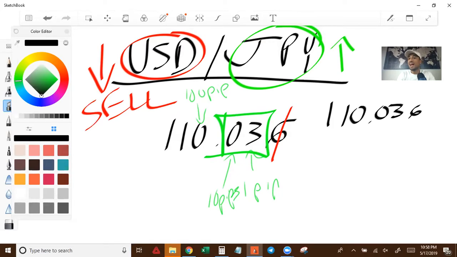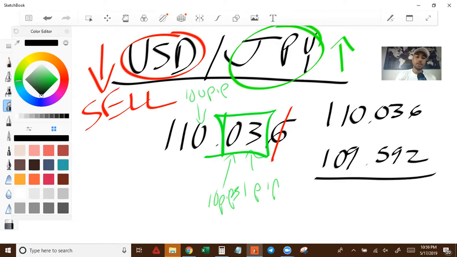Think about 110.03. When we go down, it's going to go from 110.03, 110.02, 110.01, 110.00, and then 109.99, and so on. So let's say we got out at 109.592 or something like that.